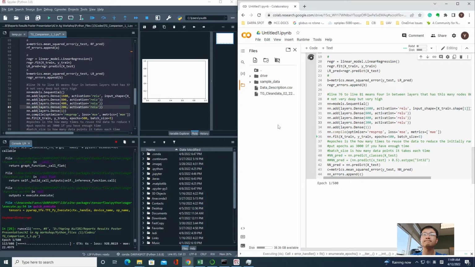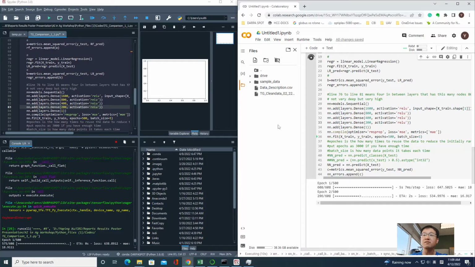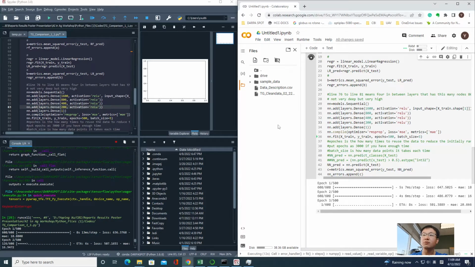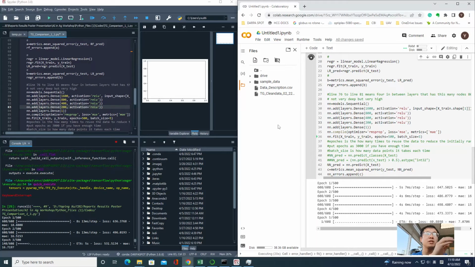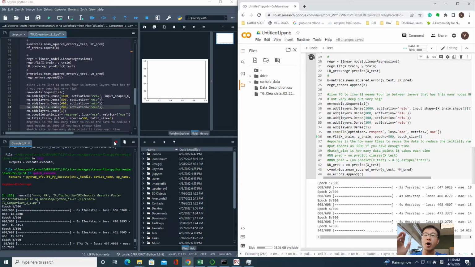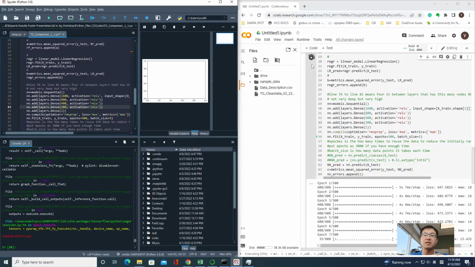Here we go. So as we can see, the right hand side, GPU side, requires 7 milliseconds per step. However, the left hand side, CPU side, requires about 13 milliseconds per step, which means running it on the GPU is about twice faster as compared with the CPU. That's quite a reverse, right?